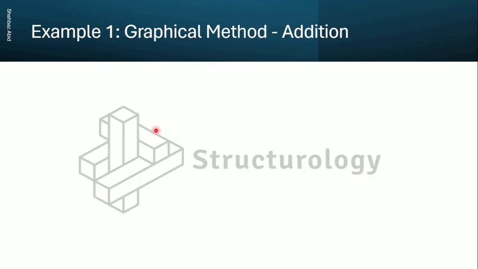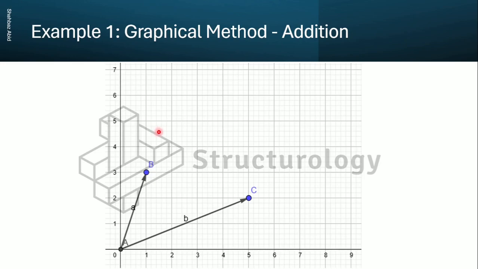Let us see example 1 in which I am going to add vectors by using the graphical method. In this figure we have two vectors, vector A and vector B. Now every vector has a tail and a head. By using the graphical method, what we have to do is bring the tail of one vector to the head of the other vector.